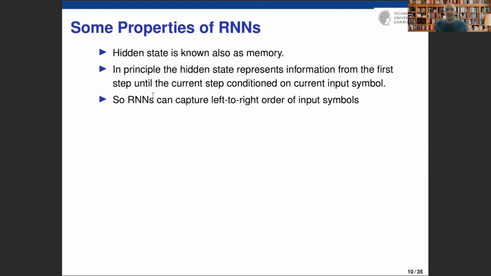As I said, hidden states. The hidden state in an RNN is also known as memory, because it captures the representation of the input sequence from left to right, from the first token until the current token.